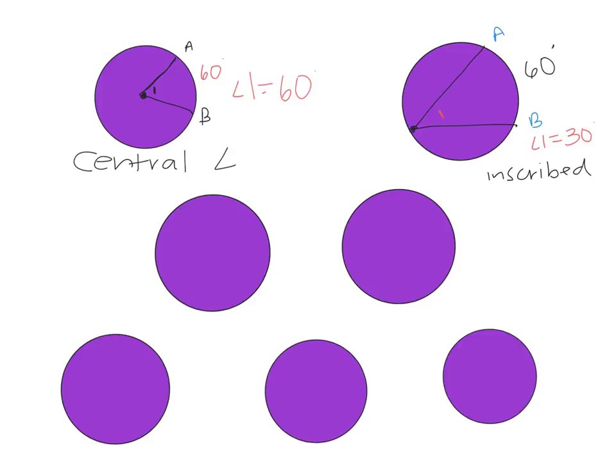Okay, then we had a tangent and a chord. What's true about angle 1? It's half the arc. So let's say this arc is 100, angle 1 would be 50. So a tangent and a chord and an inscribed angle are both half the arc.